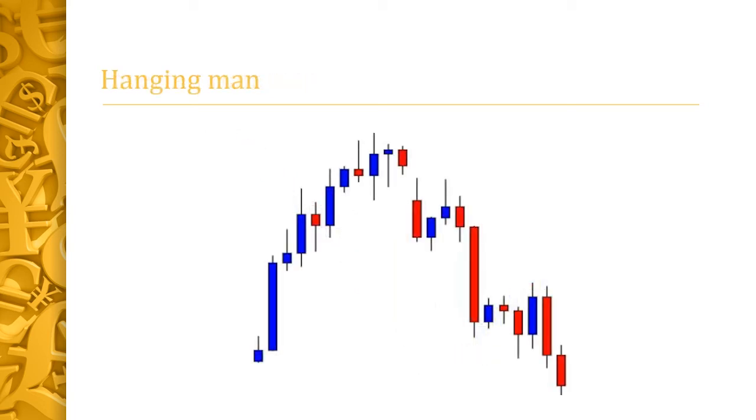The hanging man, as I said guys, should come after a strong uptrend, and very preferably it comes when we have an all-time high or a very high level. And we have this example here. As you see, we have this uptrend, a very strong uptrend, a lot of large blue candles, and then as you see here guys, the trend starts shifting a little bit before we got the hanging man.